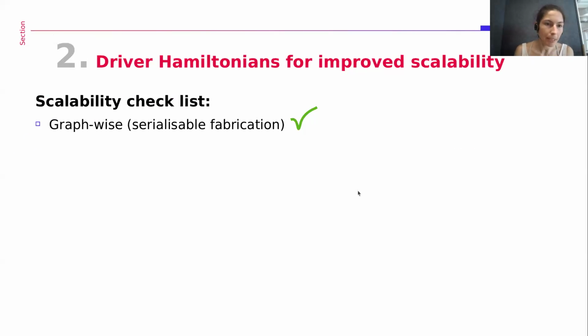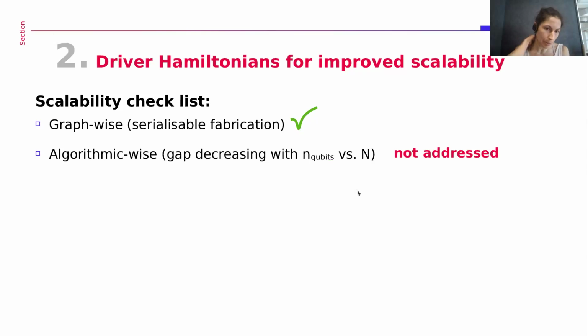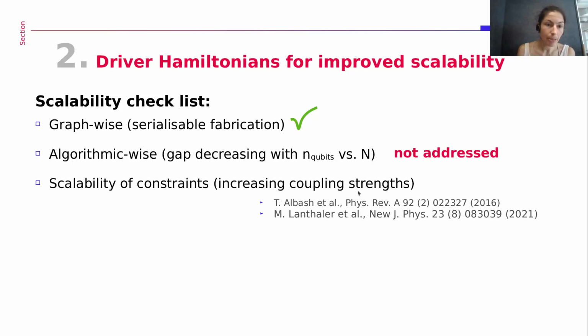That's good for scalability. Now, what about the scalability of the algorithm? What about the fact that now that we are embedding our problem in a way larger Hilbert space, our gap may decrease with the size of this new Hilbert space instead of the logical space? This is not addressed yet. And also, what about the million-dollar question, the scalability of constraints?